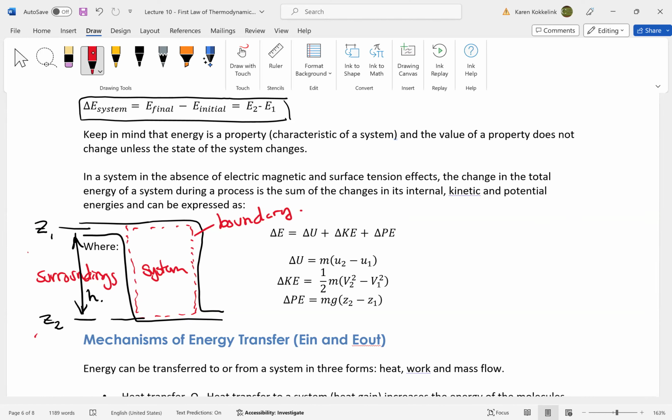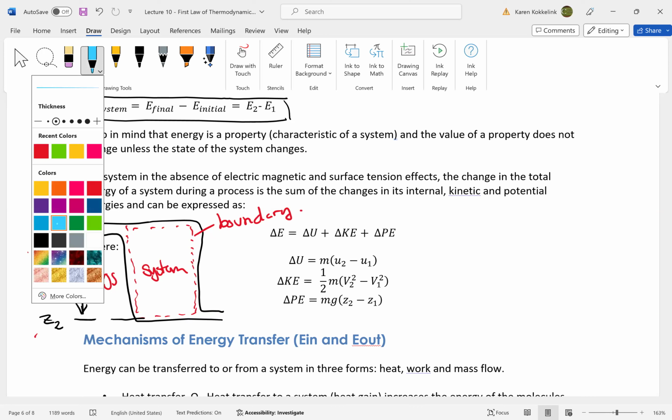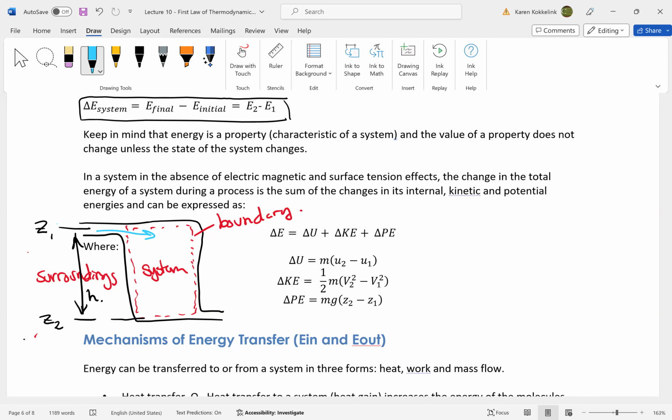What I also know happens to be going on in this system is it looks like it is an open system where mass can flow in and mass can flow out. It's going to be the same mass in and out because it looks like that mass has nowhere else to go. So if I were to look at the change in energy of this system, that's going to be equal to the change of internal energy plus the change in kinetic energy plus potential energy.